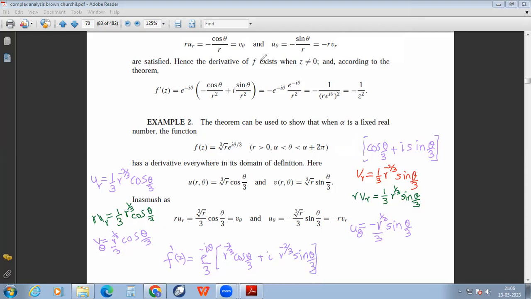Now, if you take r raised to minus 2/3 out, it will be r raised to minus 2/3 upon 3. E raised to minus i theta is there, no doubt. And inside, this will be cos theta by 3 plus i sin theta by 3, meaning e raised to i theta by 3.